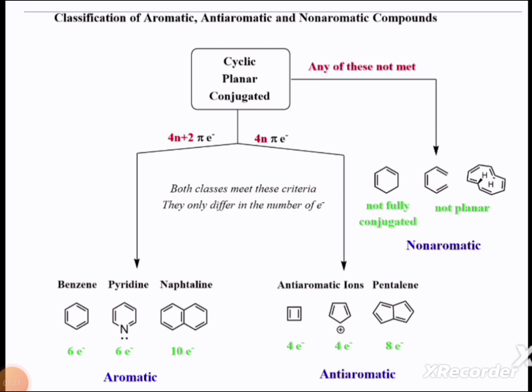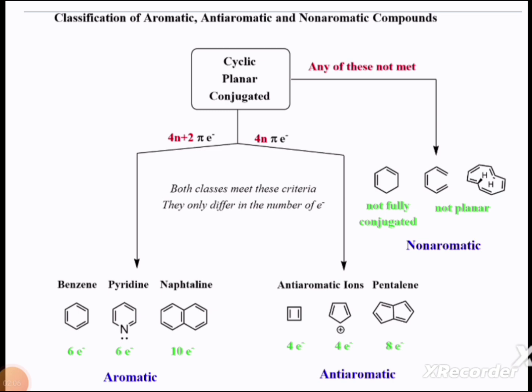Suppose it satisfies all the conditions, cyclic, planar, conjugated, but instead of 4n plus 2 pi electrons the organic compound has a 4n pi electron system; this will be considered anti-aromatic. If any of these four conditions is not met, then these compounds will be known as non-aromatic compounds.